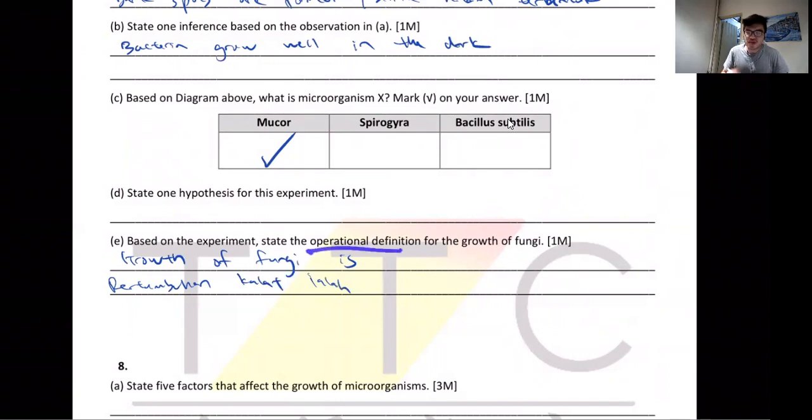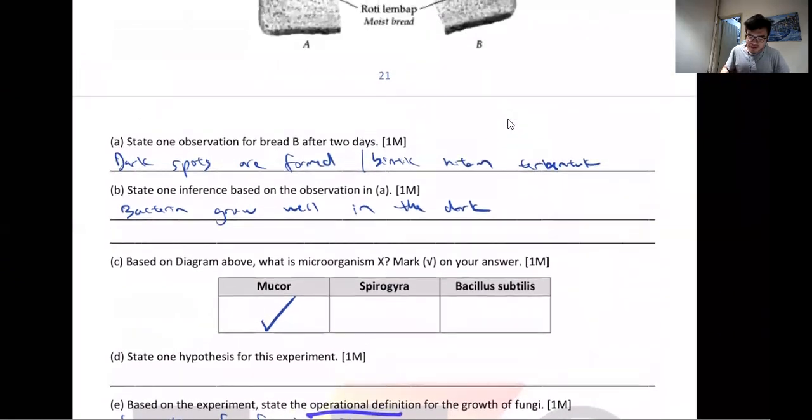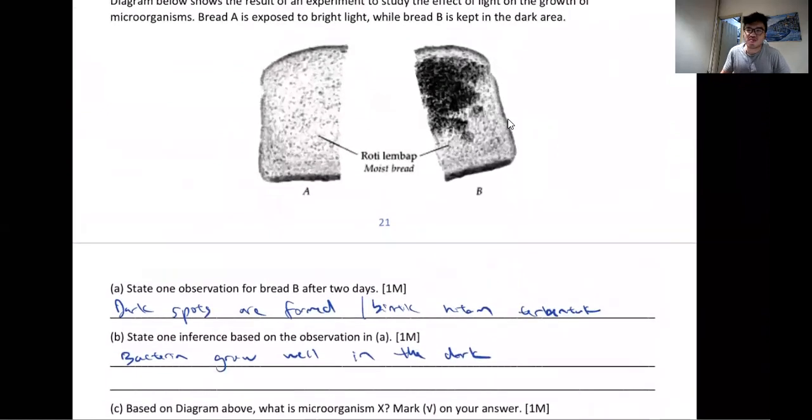It should be based on what you see. What do you see here? You see dark spots form on bread. So the growth of fungi depends on how big the dark spots are, or whether there are any dark spots at all. The more dark spots there are, the better they grow.